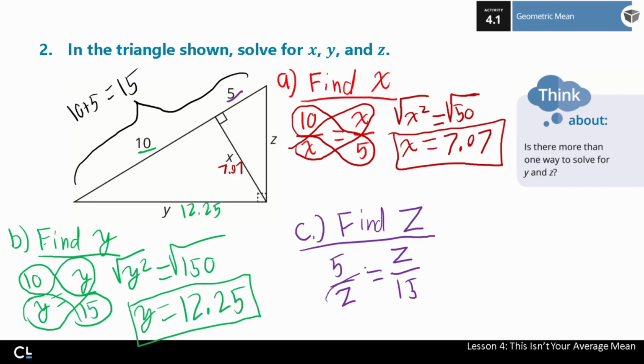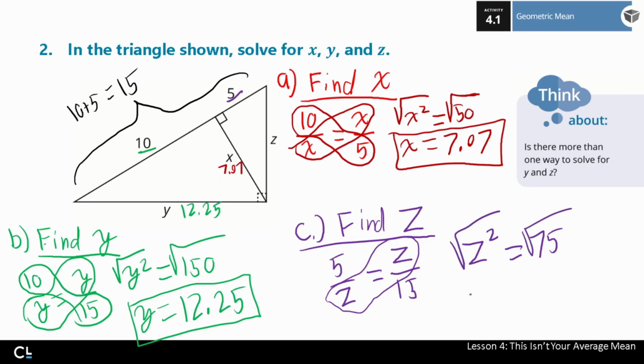And once again, cross multiply. We're getting pretty good at this now. z times z gives me z squared. Now don't get your z's and 2's confused. Equals 5 times 15, which is going to give me 75. We take the square root of both sides.